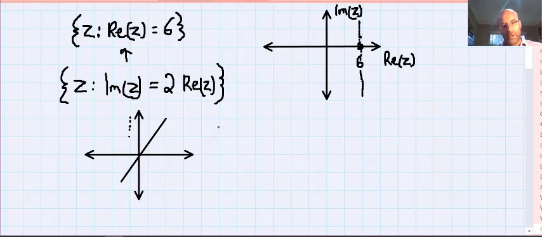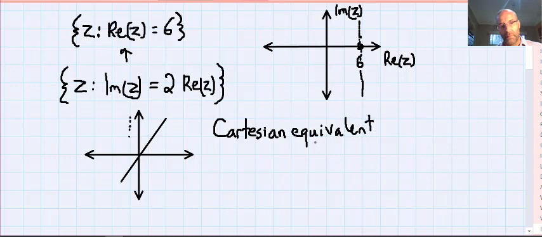So a Cartesian equivalent equation to that would be, the equivalence of the imaginary axis is the y-axis if we're talking Cartesian, and we have to double the real.